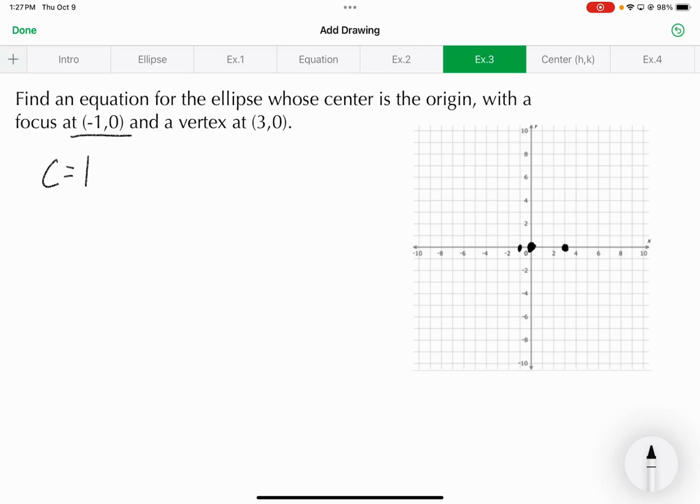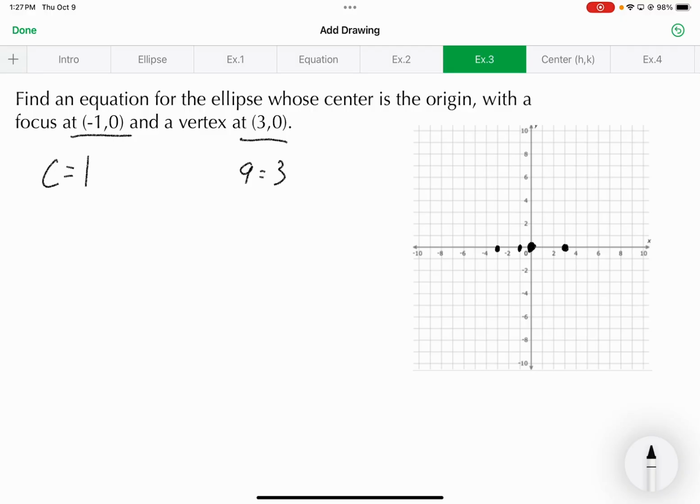So they tell me I have a vertex at 3, 0, okay? Not a covertex, but a vertex. That means which axis is my major axis? It should be the x-axis, because that's where my foci are located, right? Okay, so in that case, I can get that A is equal to 3.